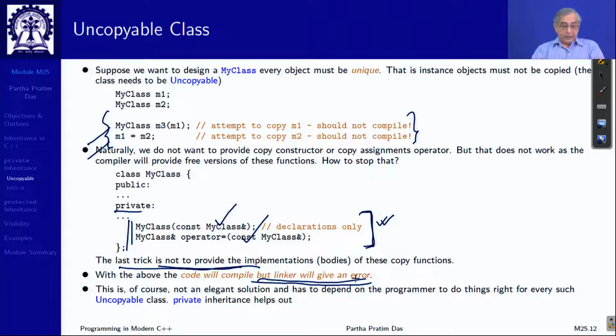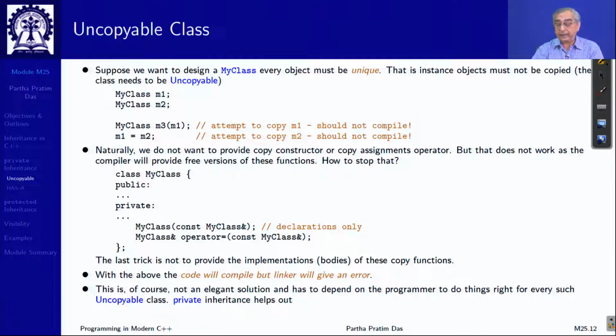So, in a lot of roundabout way, you are finally able to ensure that neither the external world nor the developers of this class or those who can make changes to the member functions in this class will be able to make a copy of any object.